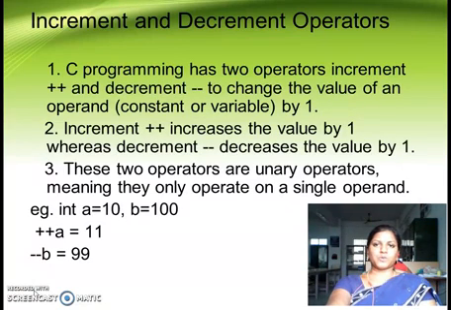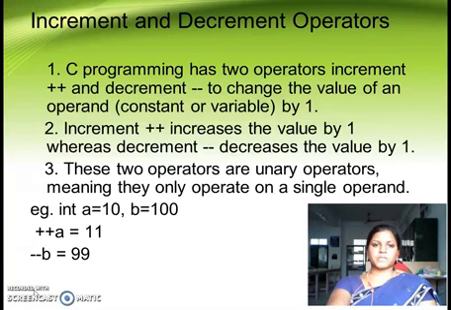C programming has two operations, increment and decrement, to change the value of an operand by 1. For increment we use plus plus, for decrement we use minus minus. Increment increases the value by 1, whereas decrement decreases the value by 1. These two are unary operators, meaning they operate on a single operand.